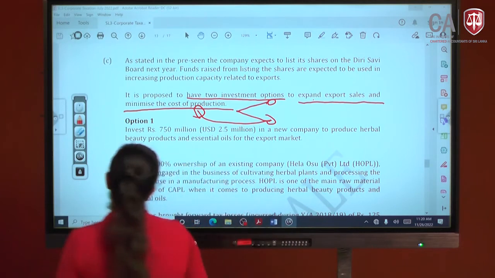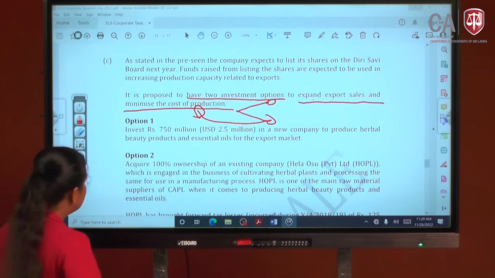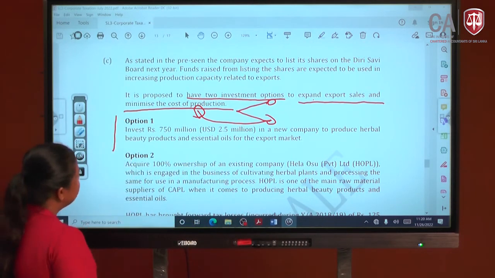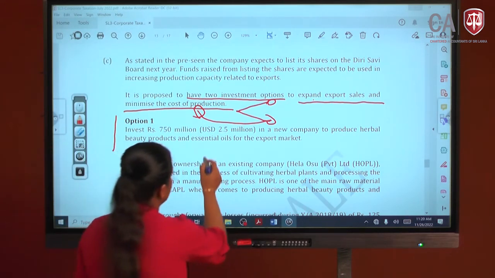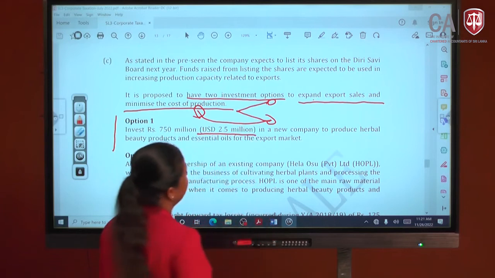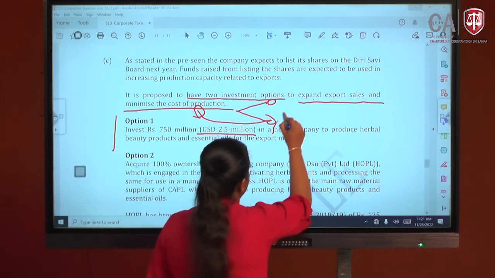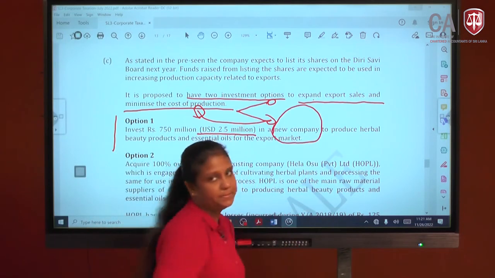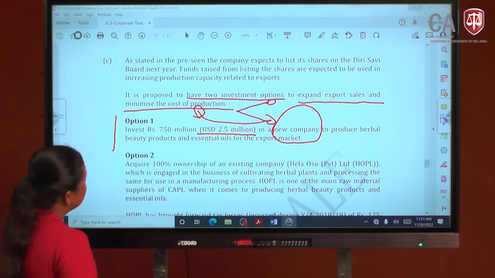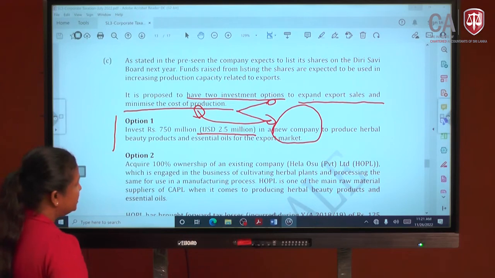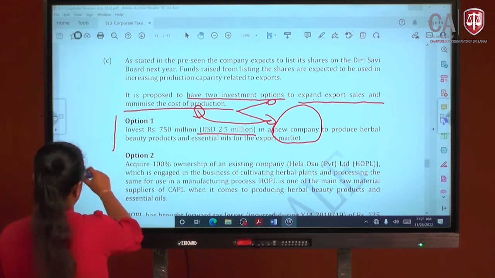What are these two options? Option 1: invest rupees 750 million, US dollar 2.5 million, in a new company, very important, in a new company to produce herbal beauty products and essential oil for the export market.